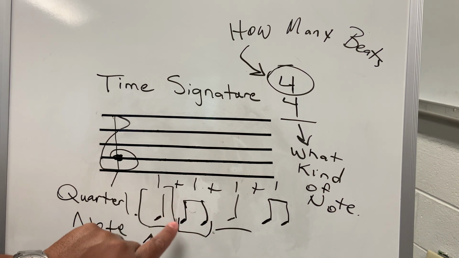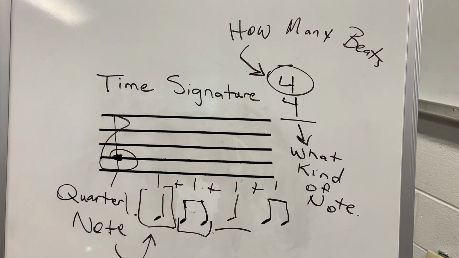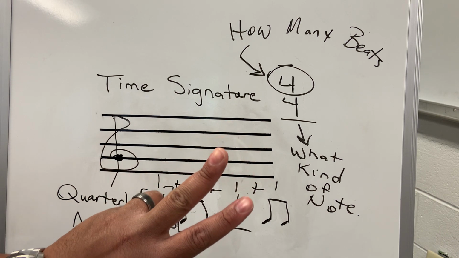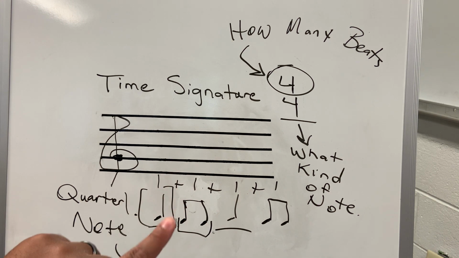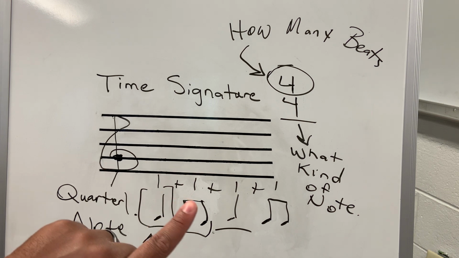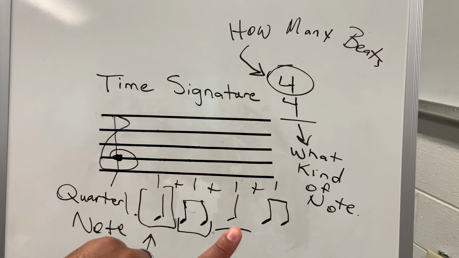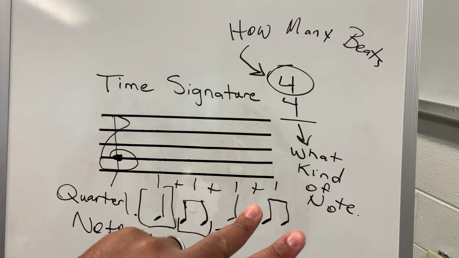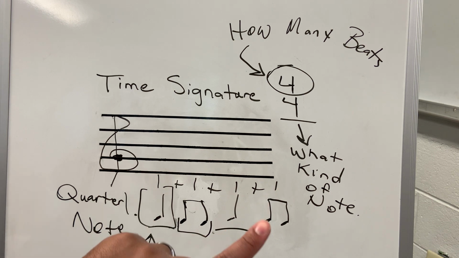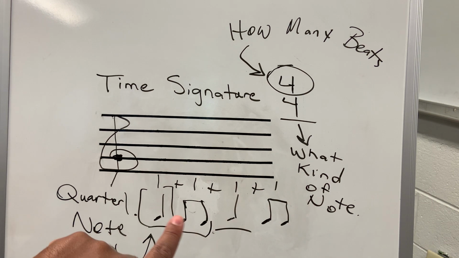That only equals 1 beat, because you need 2 eighth notes to equal the same value as 1 quarter note. So I have 1 plus another whole beat here together. That's another 1. And then I drew another quarter note. That's another whole beat. So now I'm at 3 beats. And I drew another pair of eighth notes. Together that makes another beat. And that will make my 4. 1 beat, 2 beats, 3 beats, 4 beats.